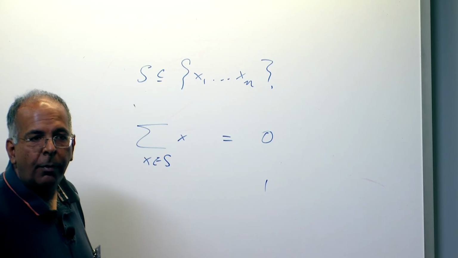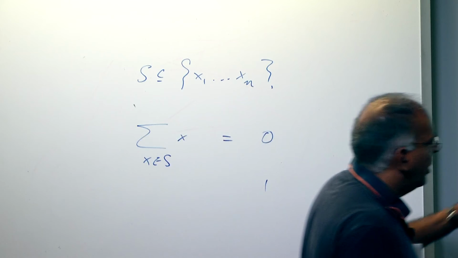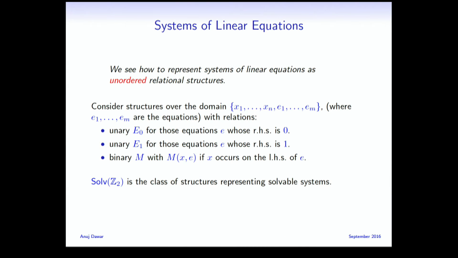So every equation is just a sum over some set of variables with a 0 or a 1 on the right-hand side. So I'll have a unary relation for those equations which have a 0 on the right-hand side, another unary relation for those equations which have a 1 on the right-hand side, and a sort of matrix, if you will, which says that the variable x occurs on the left-hand side of equation E. Okay? So one binary relation, two unary relations. And that's my system of equations.